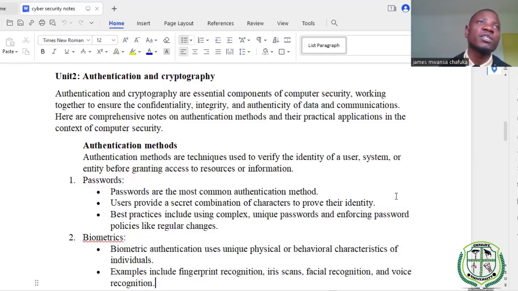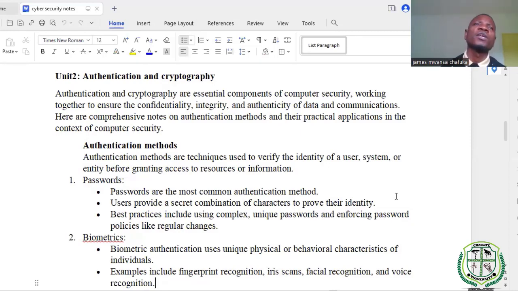Specifically, maybe your password can have 12 characters, and most likely a strong password must have uppercase characters, lowercase characters, numbers, and also special characters. So that's what makes a strong password.